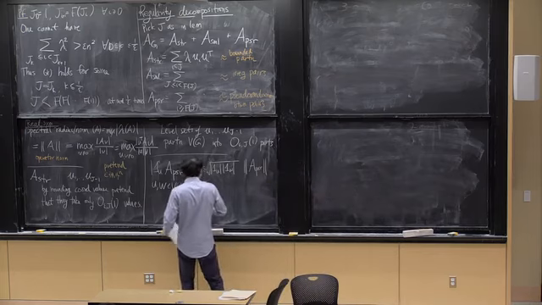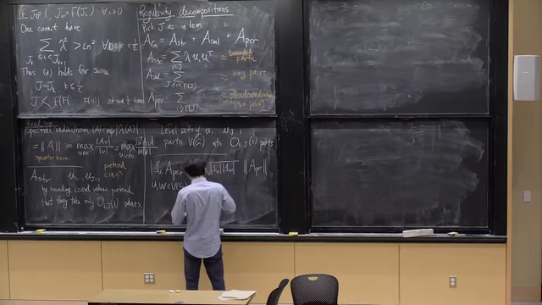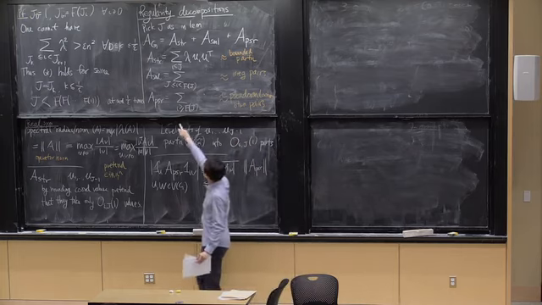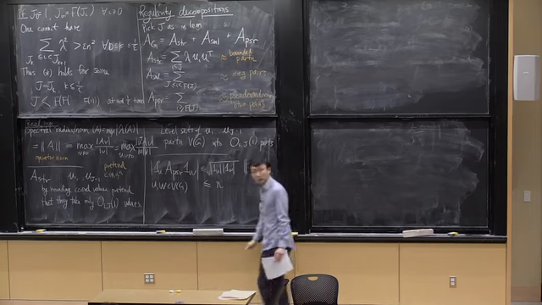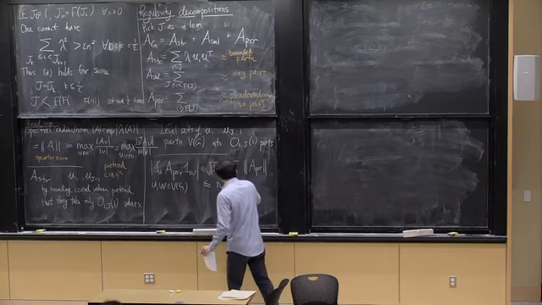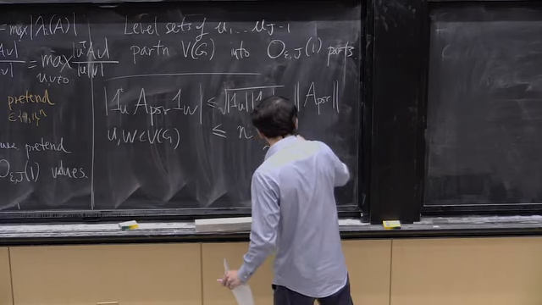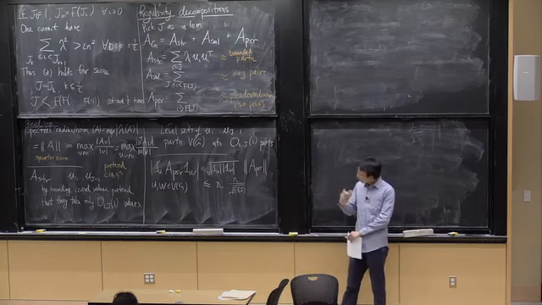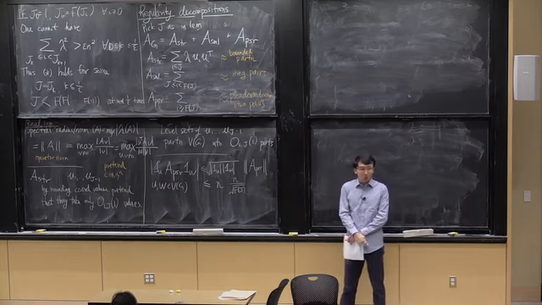So this number here is at most n times the spectral norm, but we know from our hypothesis on the pseudo-random part of A that the spectral norm is no more than this quantity over here. And by choosing f appropriately large, I can make sure that this number is extremely small.